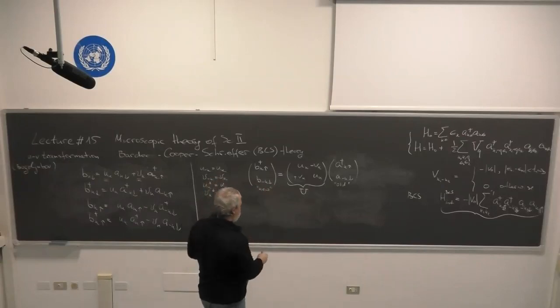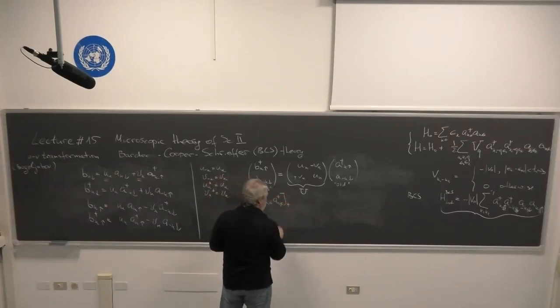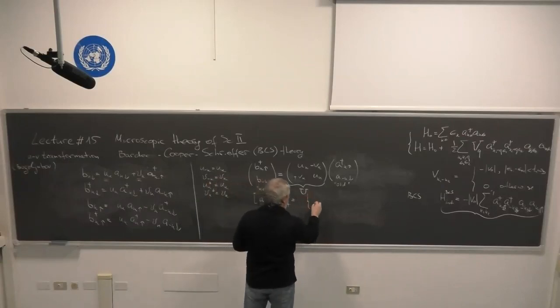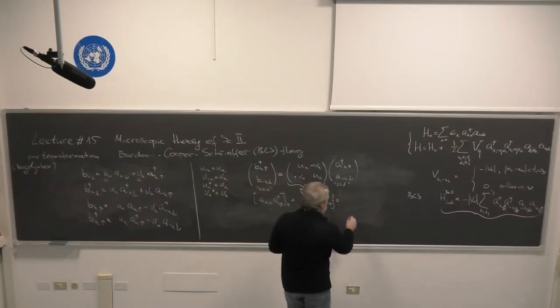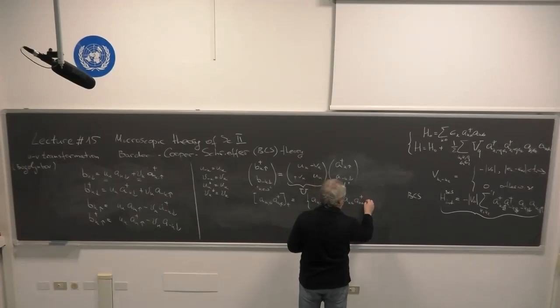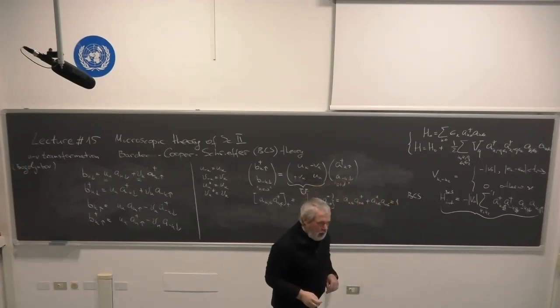I know that my old variables satisfy commutation relations: a_{kσ}, a_{kσ}† with a plus sign, sometimes denoted with a curly bracket, the anticommutator, which by definition is a_{kσ} a_{kσ}† plus a_{kσ}† a_{kσ}, is equal to 1.